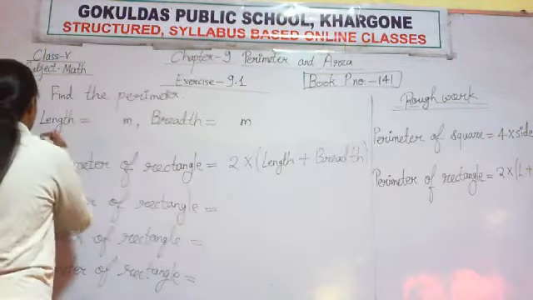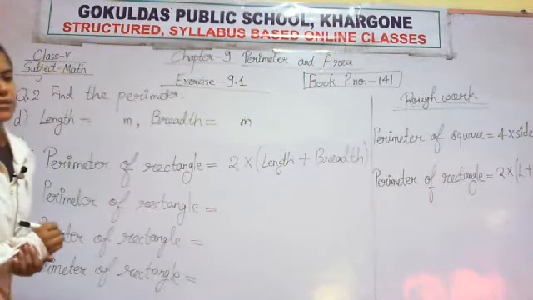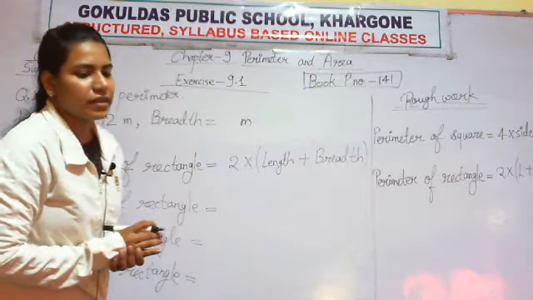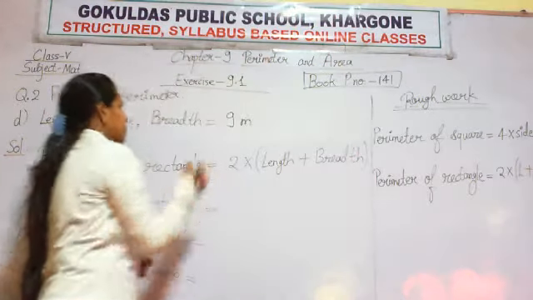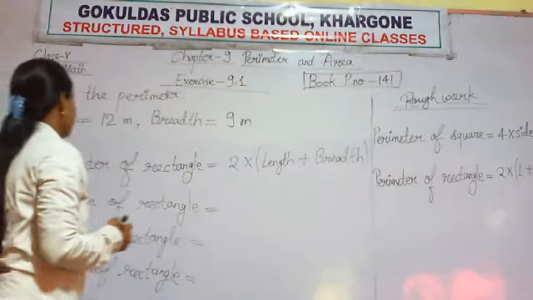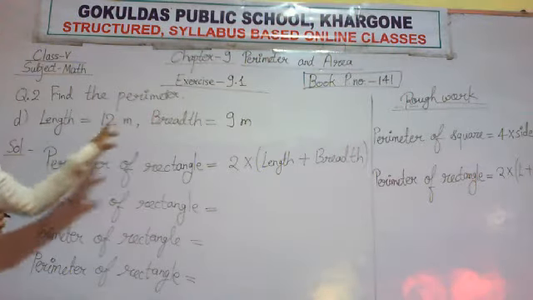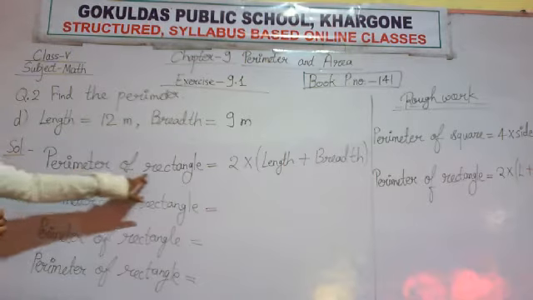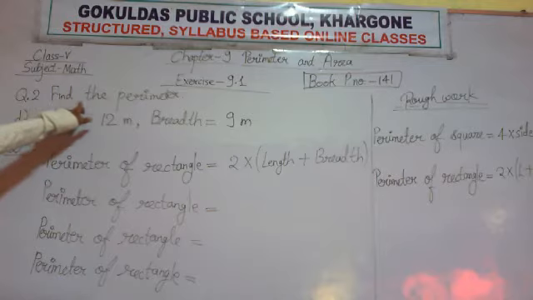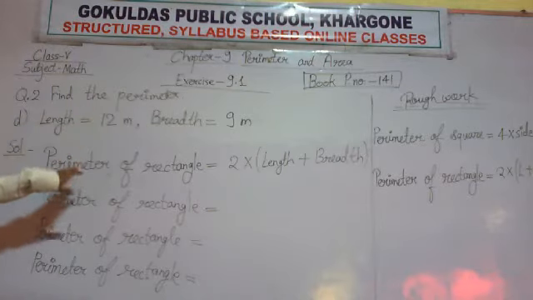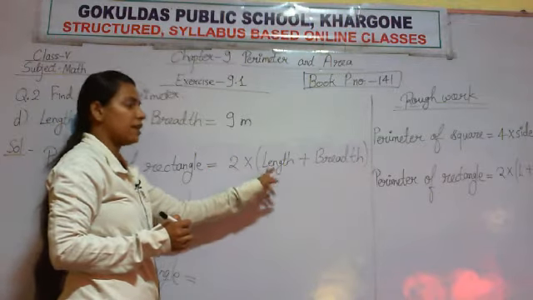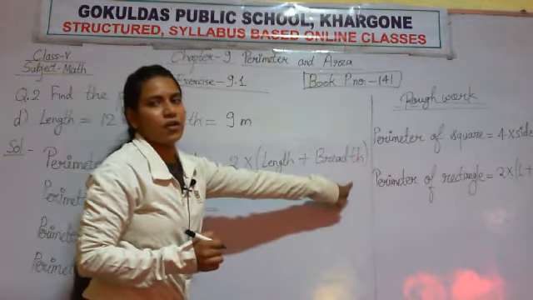The given length is 12 meter and given breadth is 9 meter. Length and breadth are given, so we will use the formula of perimeter of rectangle. Why are we using this formula? Because we are finding the perimeter. So perimeter of rectangle is equal to 2 multiplied by bracket open length plus breadth bracket close.